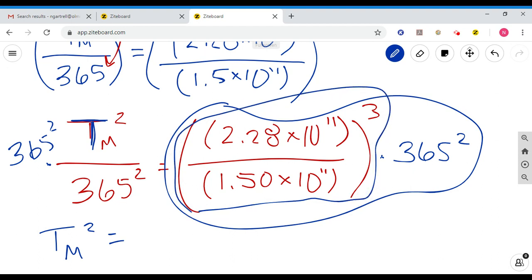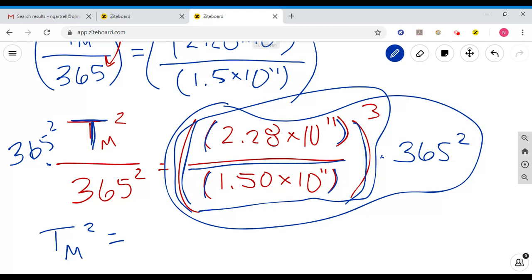So big parenthesis, and I'm going to plug in this little parenthesis, 2.28 times 10 to the 11th, close this parenthesis, divide by parenthesis, 1.5 times 10 to the 11th, close this parenthesis, close that parenthesis, to the third.